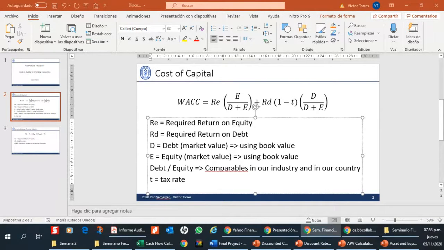If we were to refinance all the loans with you, what interest rate should we be facing? That should be an estimate of your required return on debt. That's the key element that we would like to have.